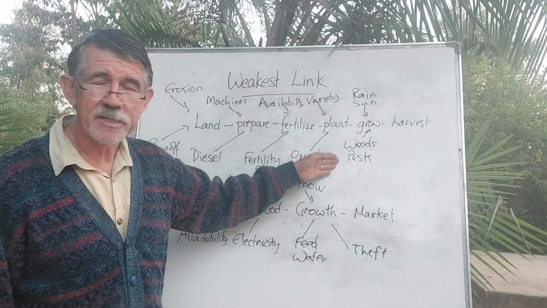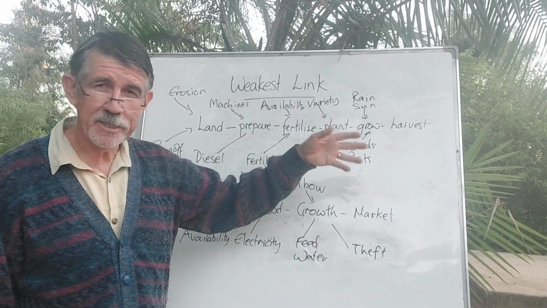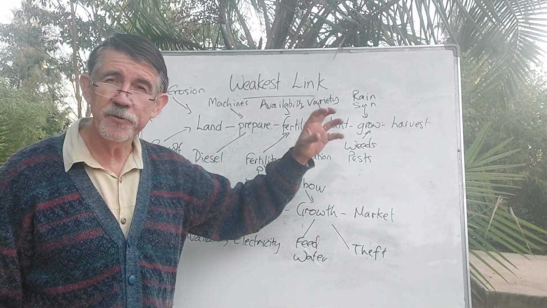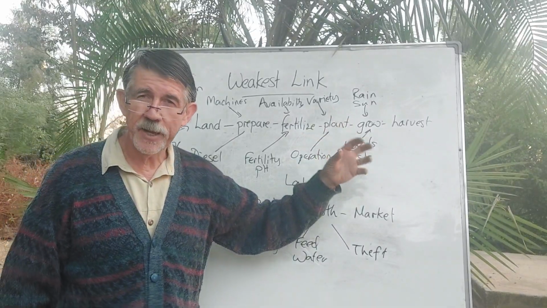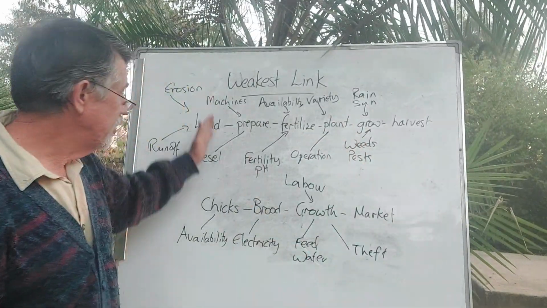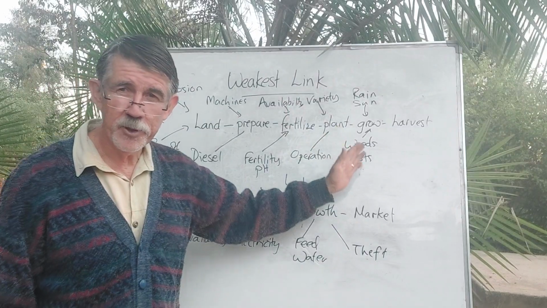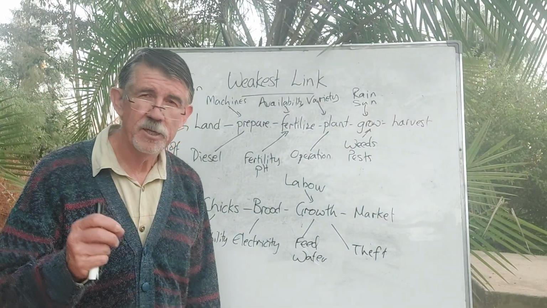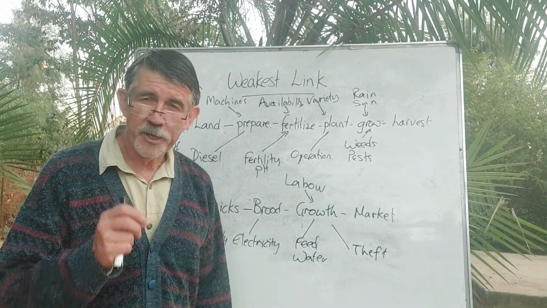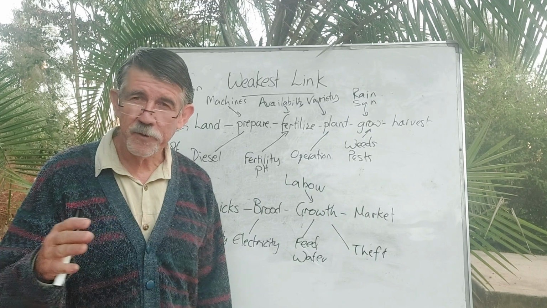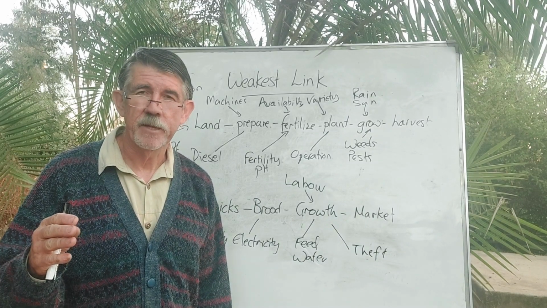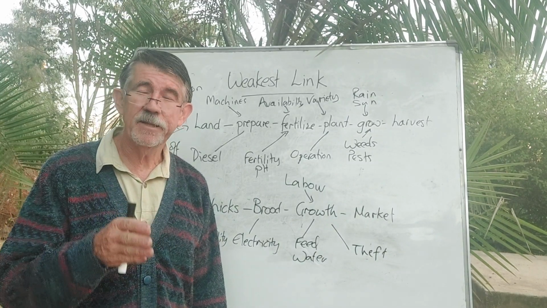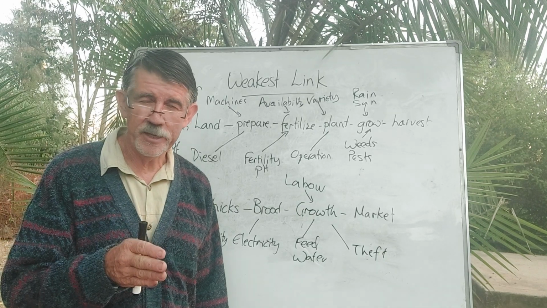What weeds and pests are you expecting? And have you budgeted and have you put in a plan to deal with that? So this is the weakest link approach: you analyze your operations, the sequence of operations, and which one is the weakest link, and then deal with that as best you can.